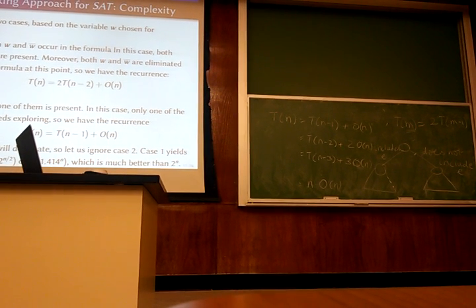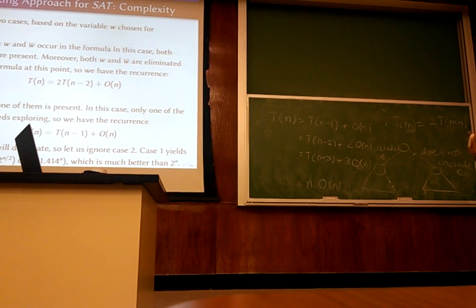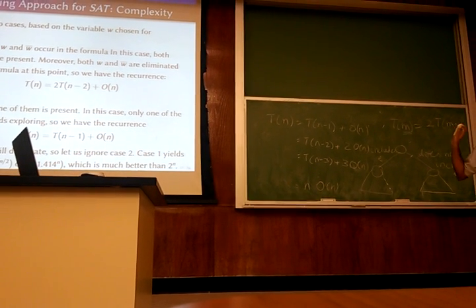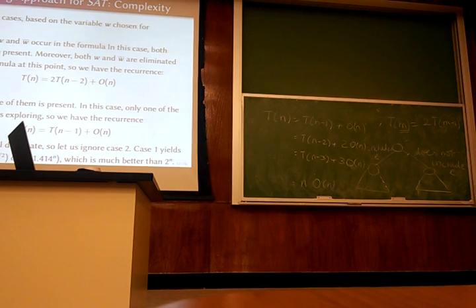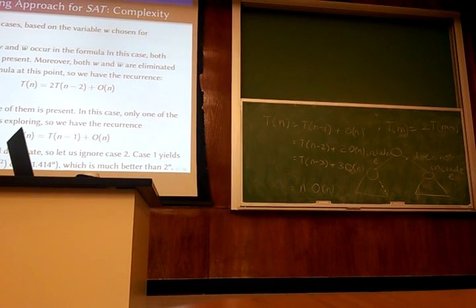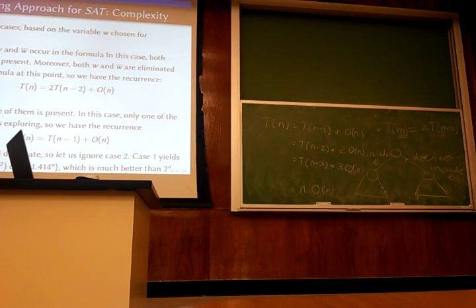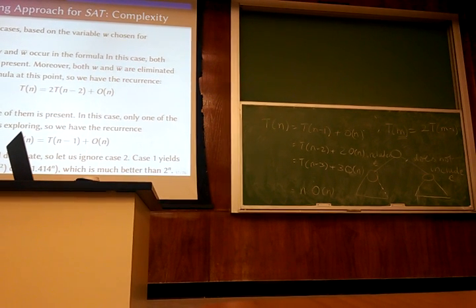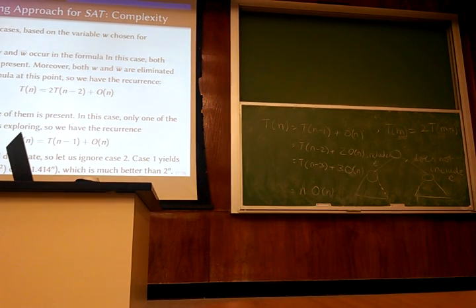So you should remember that I haven't really achieved any improvement here, but there are lots of algorithms for SAT which do achieve a complexity less than 2 to the power n, where n is the number of variables. But I don't want to go into that now because those algorithms get to be more complex.